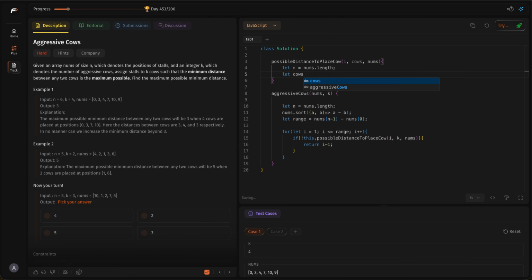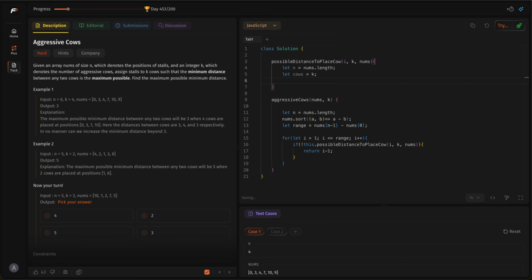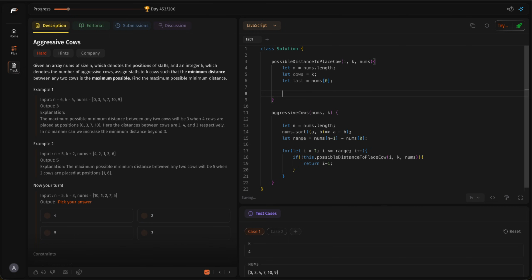Let cows be k, and I will place one cow at position 0, and I will place another cow. So let's suppose let last equal nums[0].